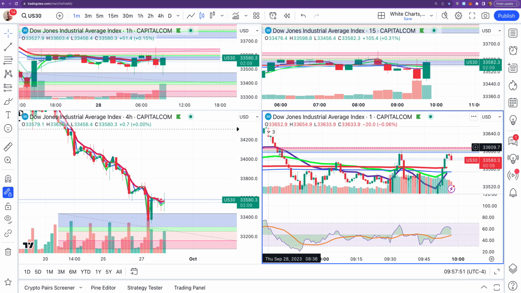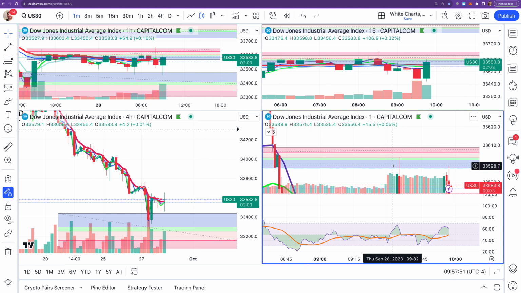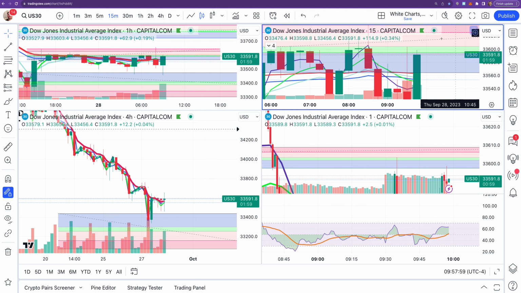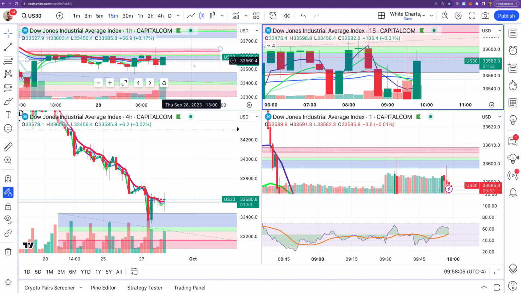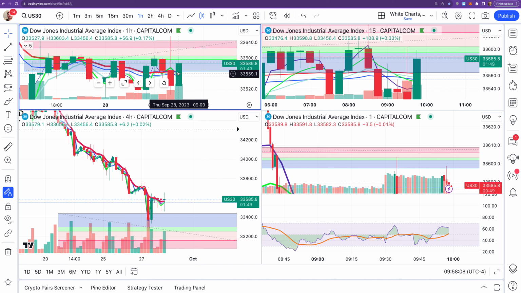After it pushed down and ranged around a little bit, it pushed back up and bounced directly off this reversal zone on the 15, which correlated perfectly to this reversal zone on the 1 hour, and this reversal zone here, where it whipped off. This is the 4 hour order block.